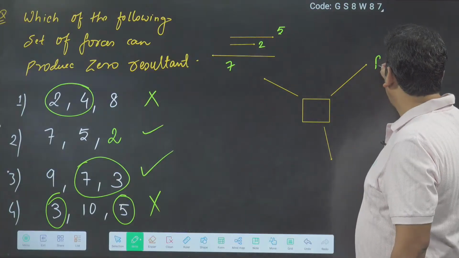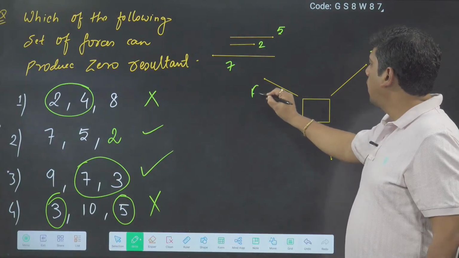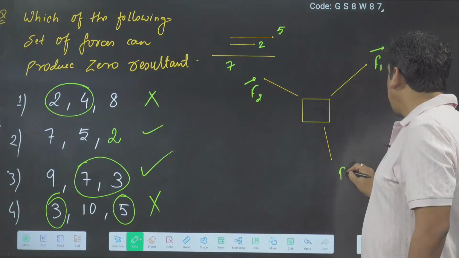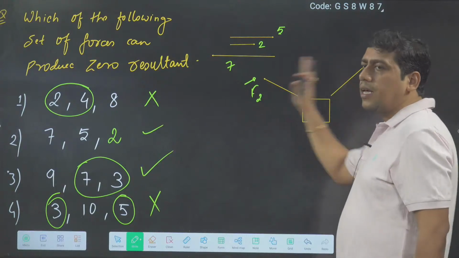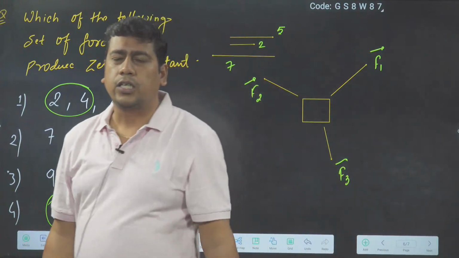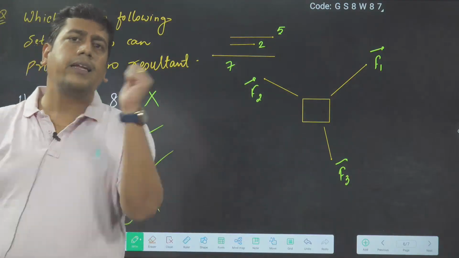One force is here, another force is here, another force is here, something like this. F1 vector, F2 vector, and I'm saying the resultant vector is 0. I'm not saying the magnitude addition is 0. I'm saying the vector addition is 0.